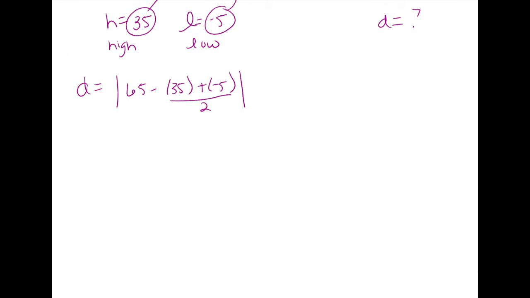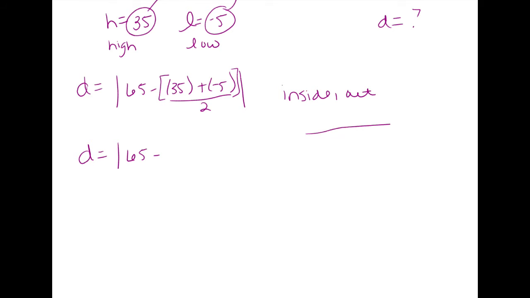Now, I'm going to evaluate this numerator. As a rule in mathematics, we work inside out. So I'm going to start with this numerator expression. Again, everything else stays the same. But now I'm going to take 35, I'm going to add -5.